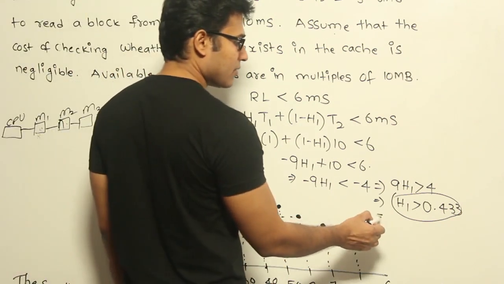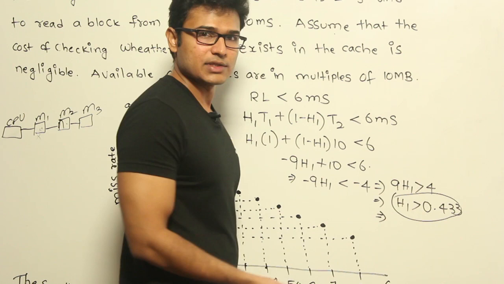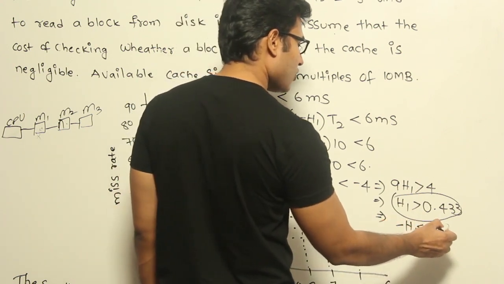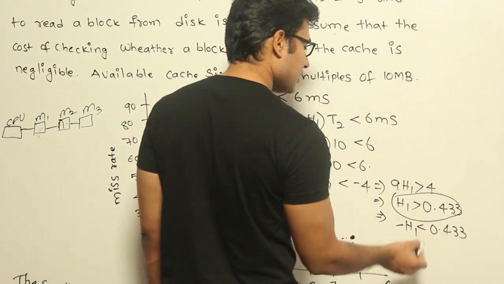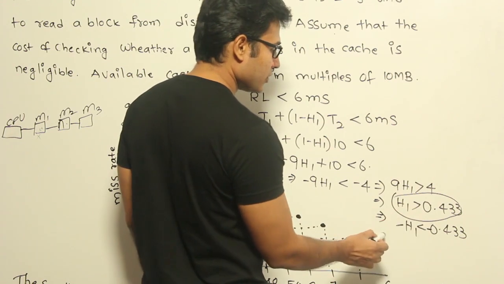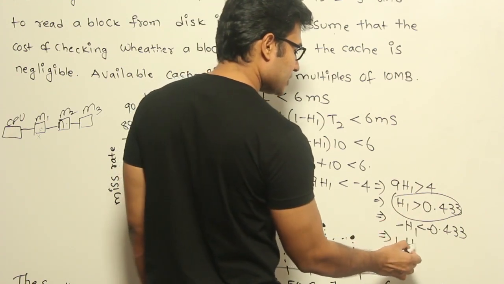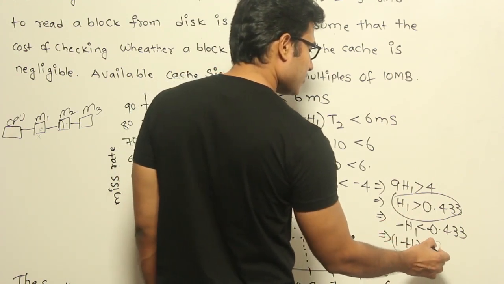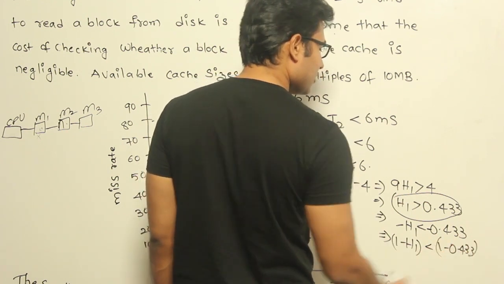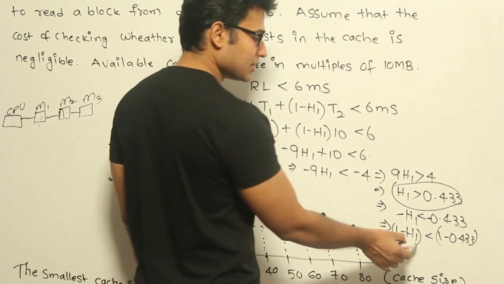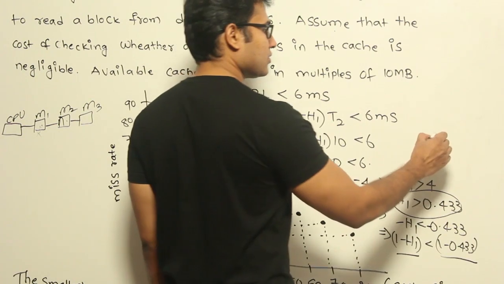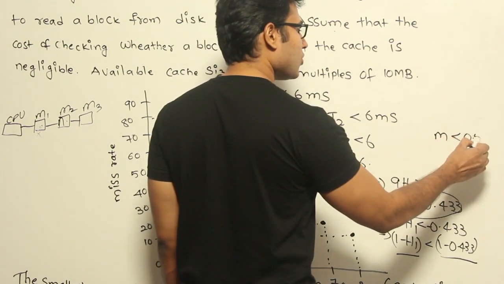So for that reason I'll multiply this one with minus on both the sides, then I get minus h1 is less than minus 0.433, and if I add 1 on both the sides, then I get 1 minus h1 is less than 1 minus 0.433, which is nothing but 0.57. So the miss rate is less than 0.57.